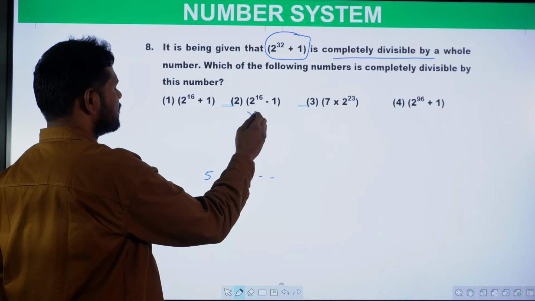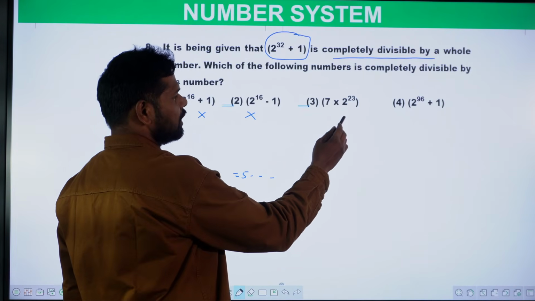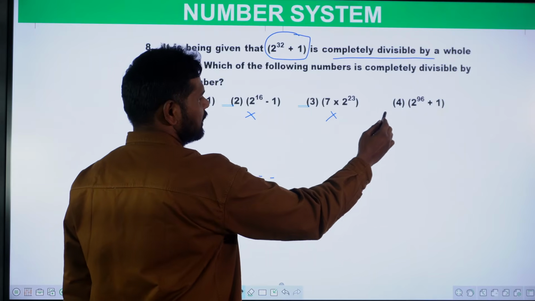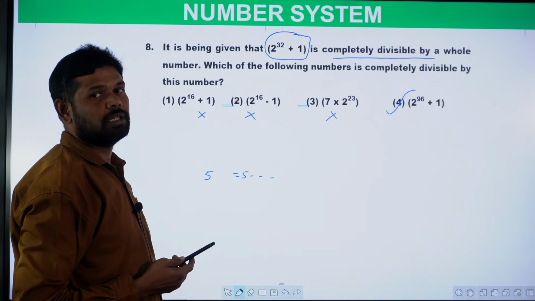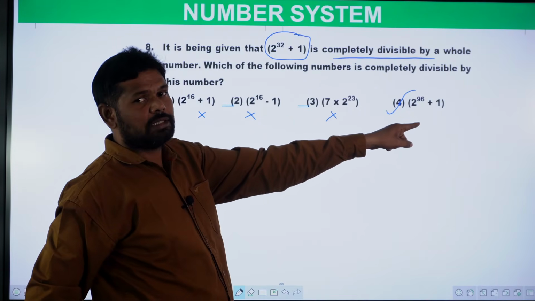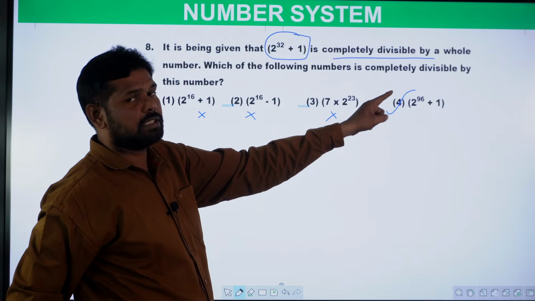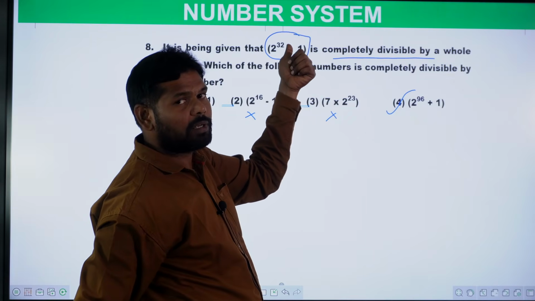But these two numbers are less than that number, so they are directly eliminated. Here, 7 multiple of 2 power 23, but 32 3s are 96, so it is a factor of 2 power 96. That's why this number is completely divisible by 2 power 32 plus 1.